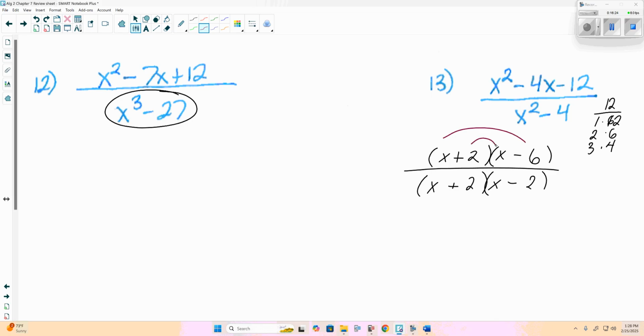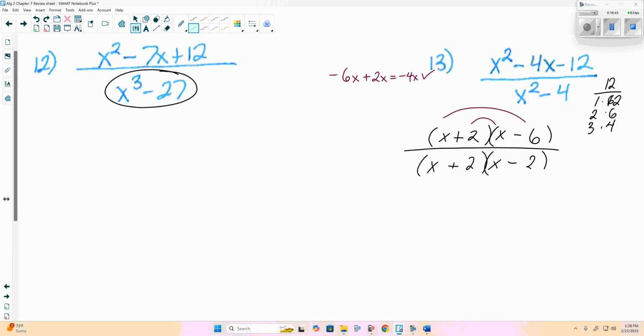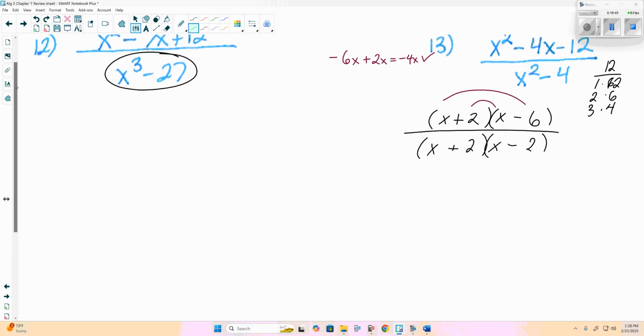Now again, we can check and make sure we do get the correct middle term. X times negative 6 would be negative 6x. 2 times x would be plus 2x, giving us negative 4x, which is indeed our middle term. So these are the correct factors. And since these are the correct factors, we do have what in common?